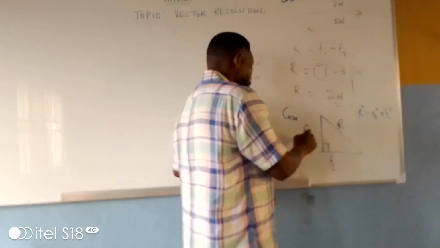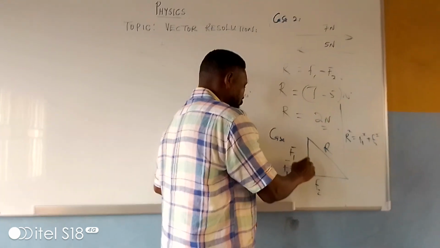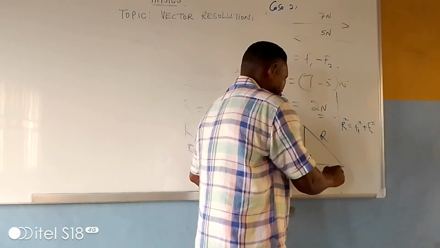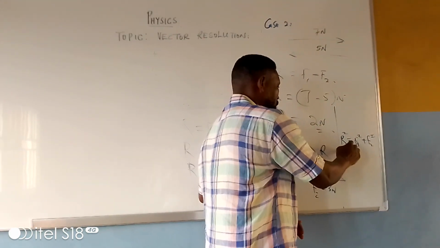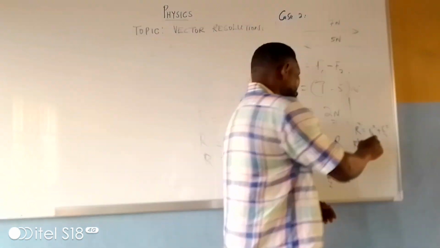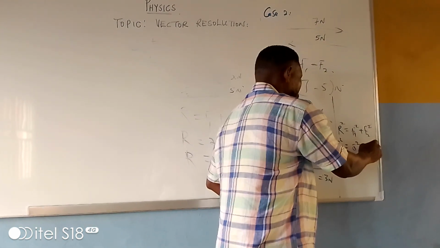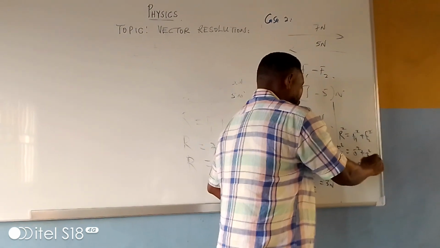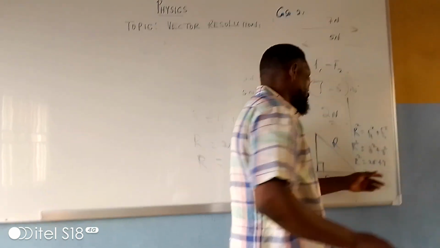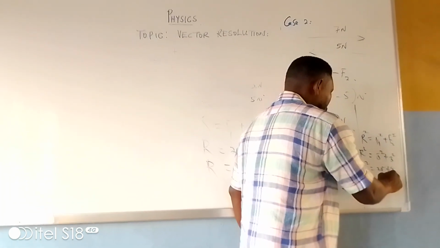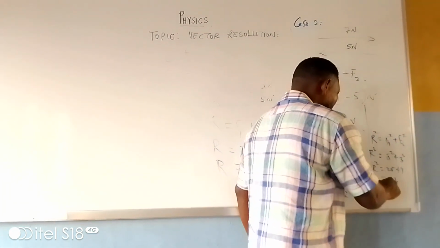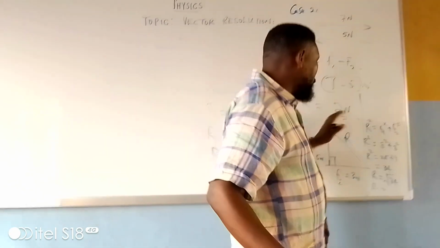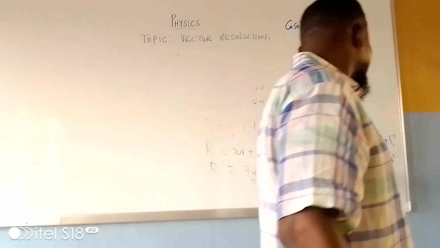For example, if F1 is 5 Newton and F2 is 3 Newton, the resultant force will be 5 squared plus 3 squared, which is 25 plus 9, which is 34. And of course, our R is the square root of 34. So that will give you the resultant force.